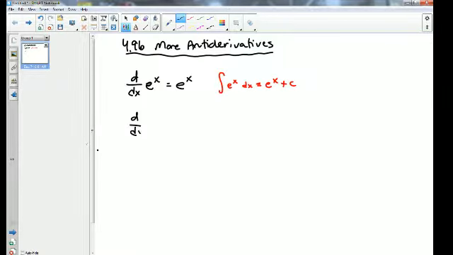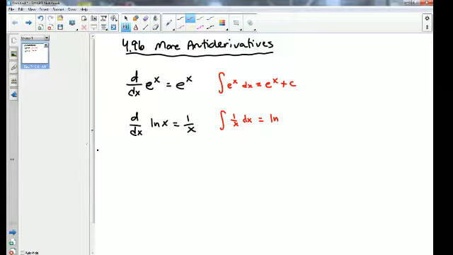What about the derivative of natural log? Okay, so what's the antiderivative of 1 over x? Natural log. There's one little thing you have to remember here.